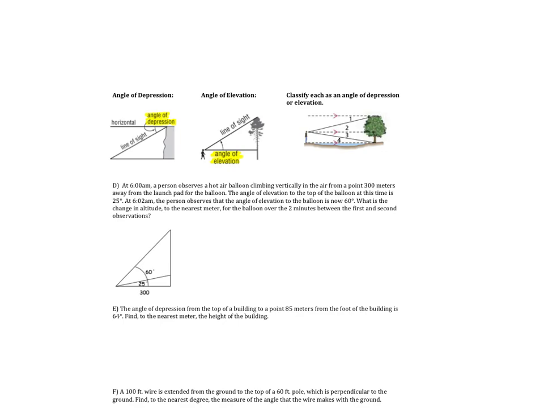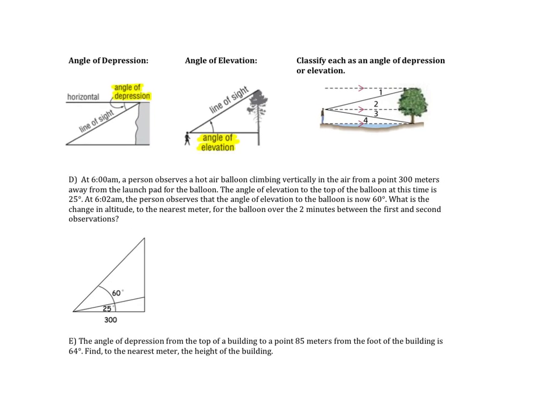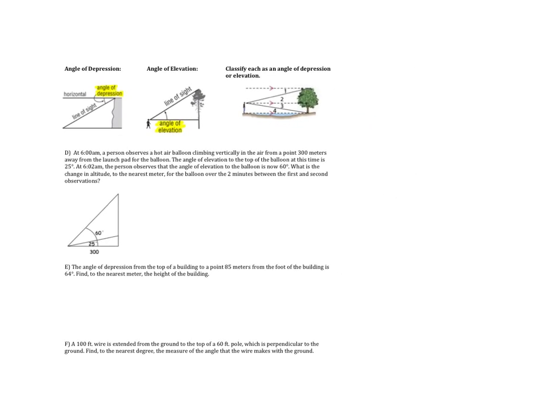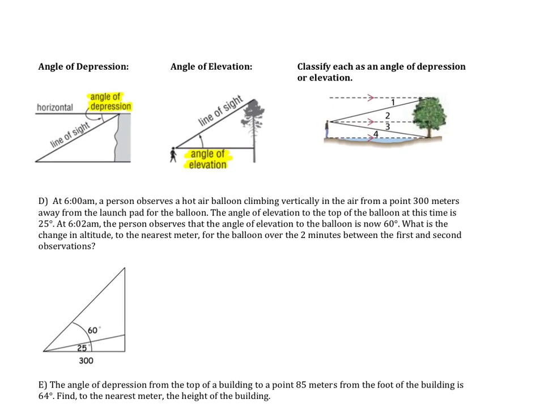Now on the back side here, a couple more word problems, but just to define a couple terms before you work on these. I'm not going to go through these, but I suggest you work on them and see how you do, and then you can ask me next time we meet if you have any questions or if you want to check your answers.